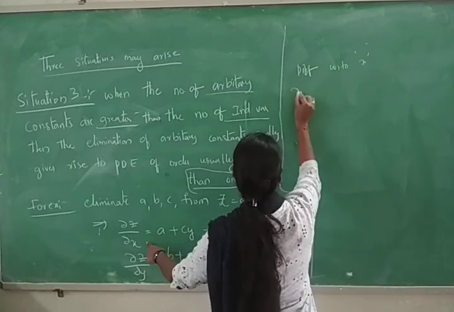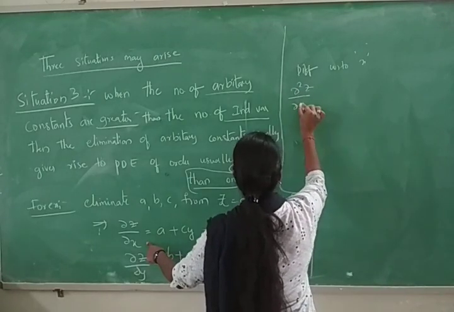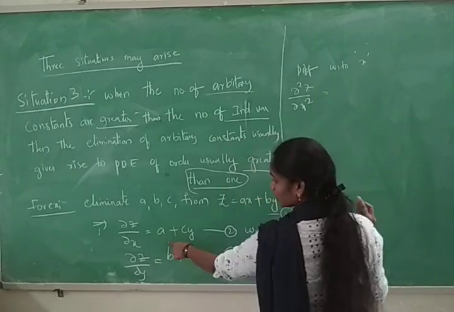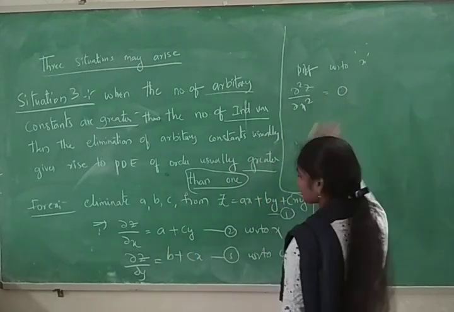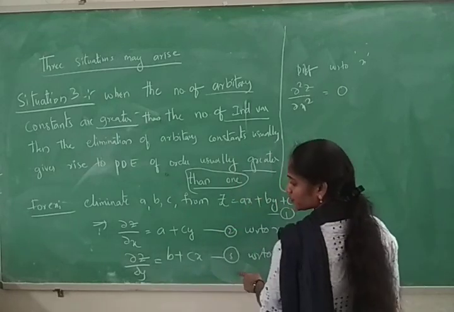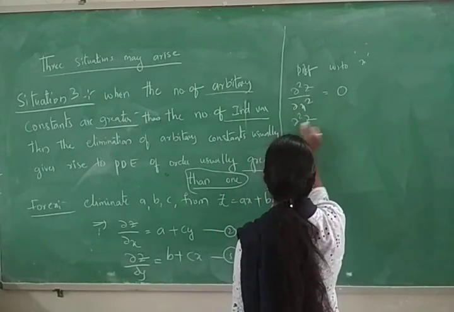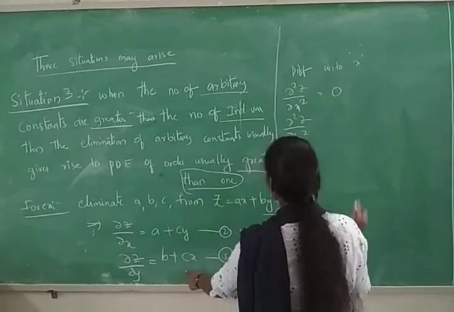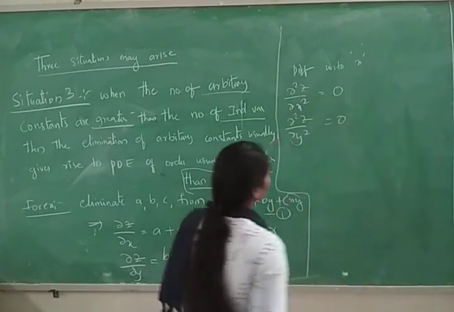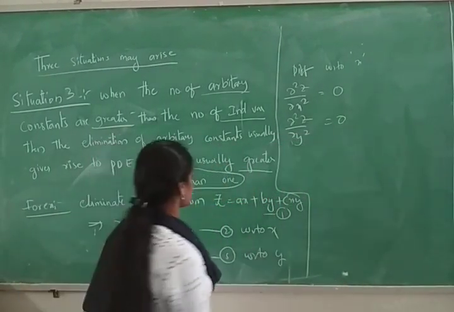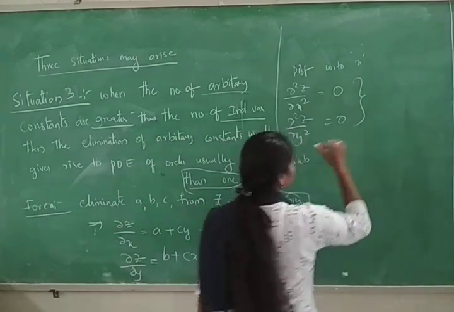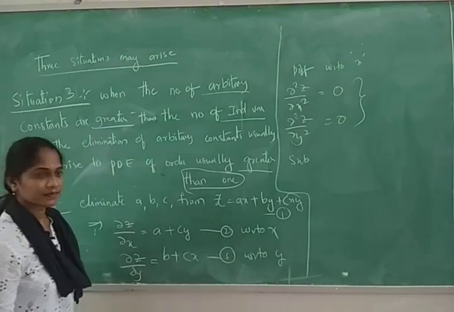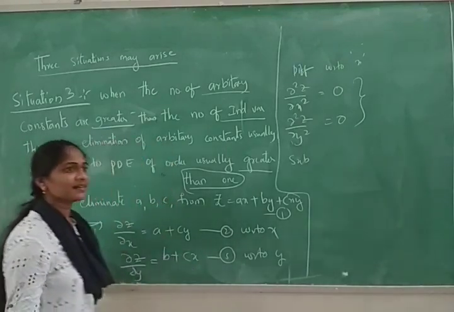Now differentiate dou square z by dou x square, this becomes 0 because there is no x, so 0. Now again differentiate with respect to y, dou square z by dou y square, so it becomes 0. So now we'll substitute these values in this equation.